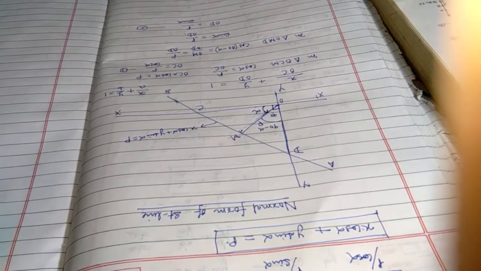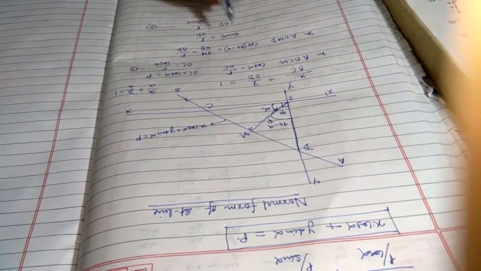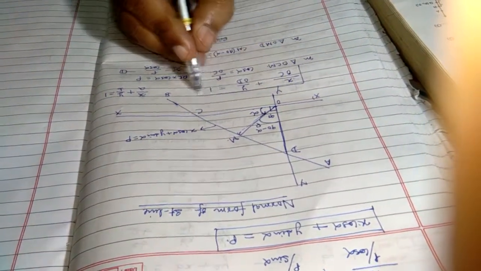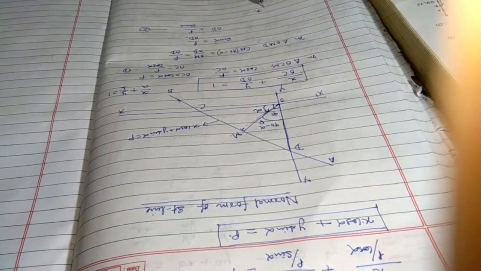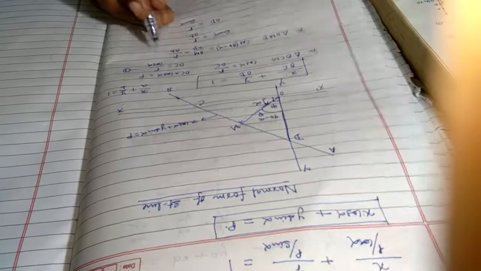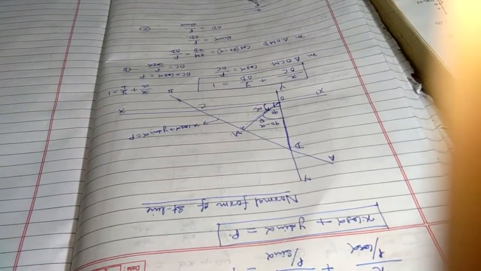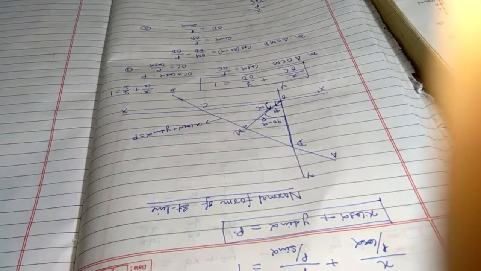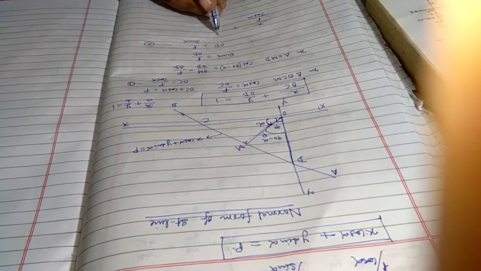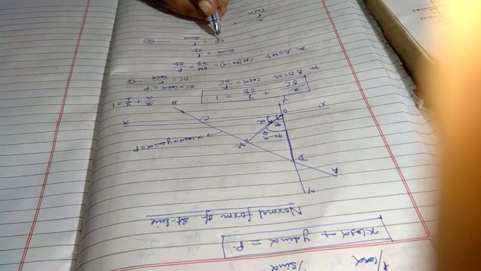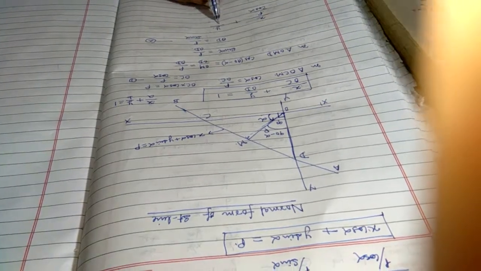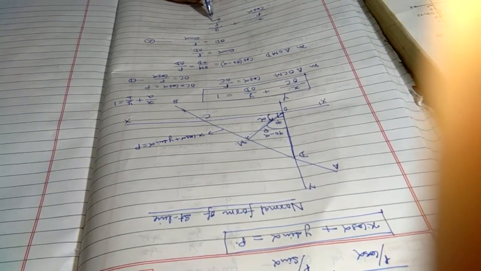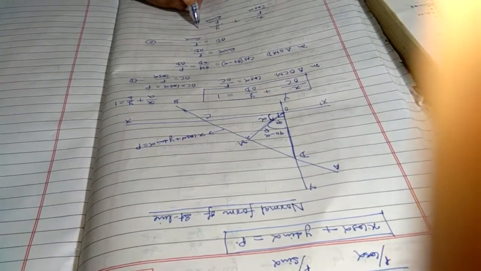We are substituting the value of OC and OD in this equation, which is the intercept form of equation of a straight line. So x divided by, in place of OC you just keep P by cos alpha, and in place of OD we substitute P divided by sin alpha. It is equal to 1.